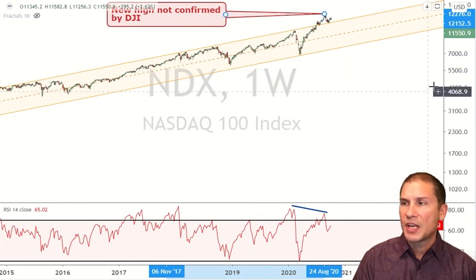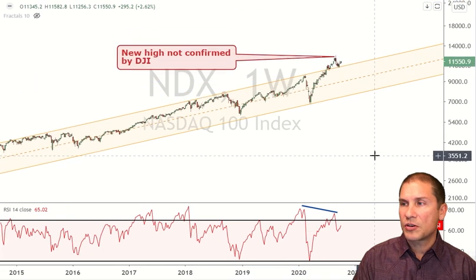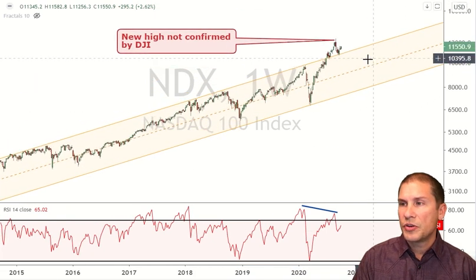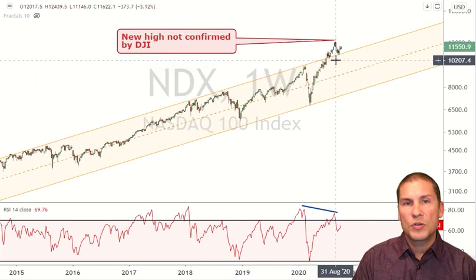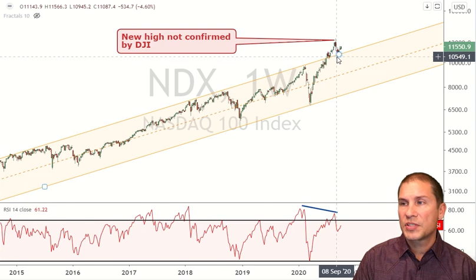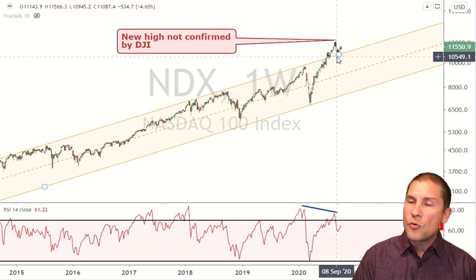What does that mean? Well, when we say that the markets are confirming one another, you'll notice this high was the one that occurred on September the 1st. That was a new all-time high for NASDAQ. But for the Dow Jones Industrial Average, remember, it created its all-time high back in February.